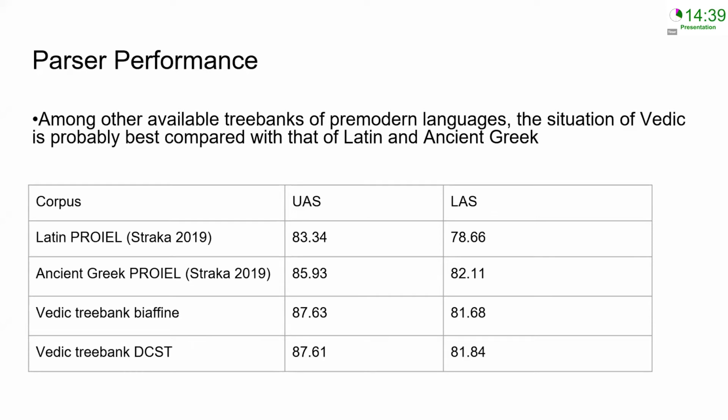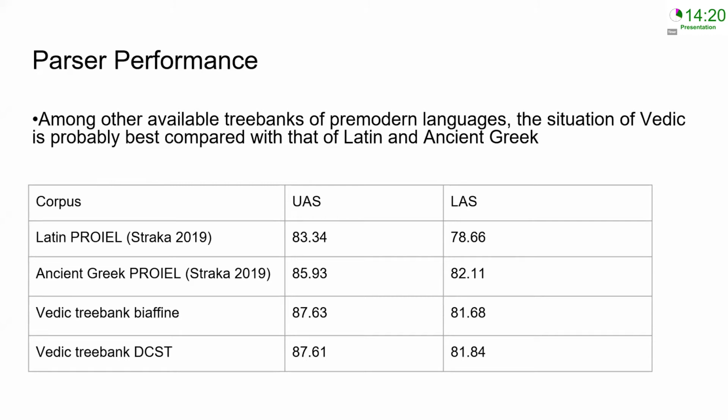What we see here is that our Vedic Biaffine model is able to outperform the Latin and Ancient Greek parsers by a visible margin regarding UAS. Regarding LAS, it is at least in a comparable region.